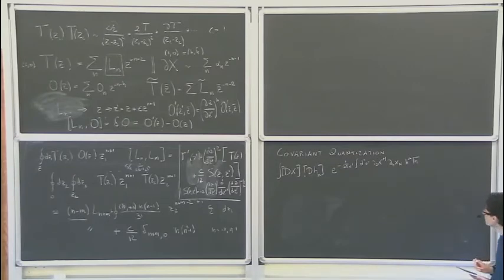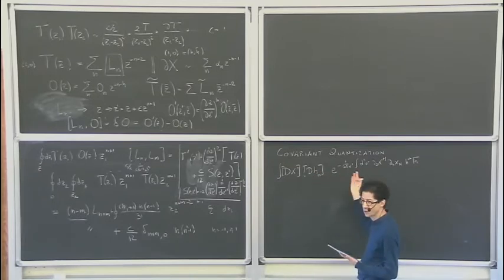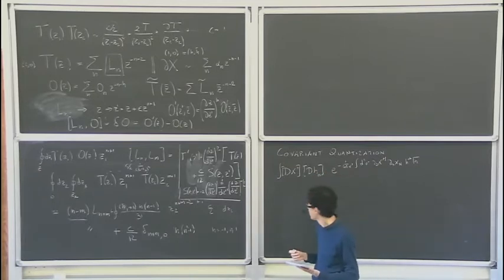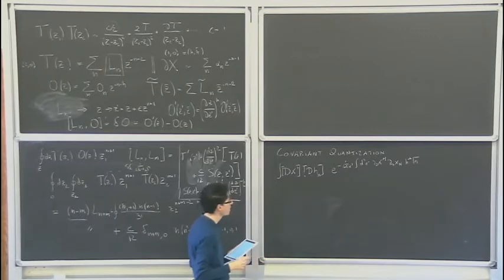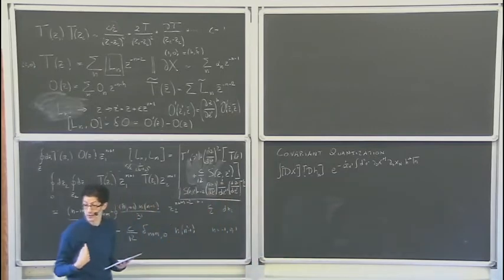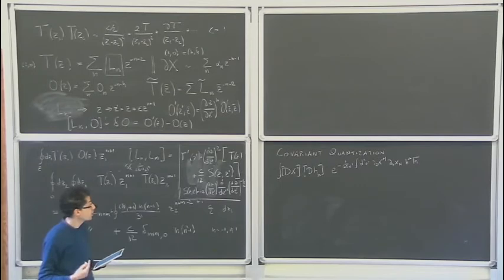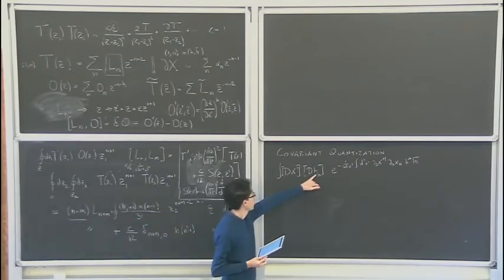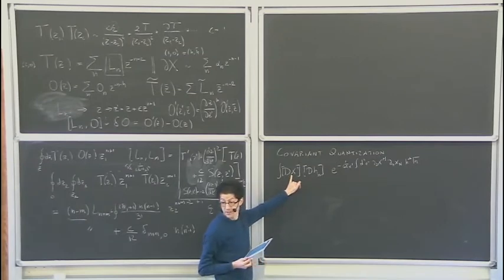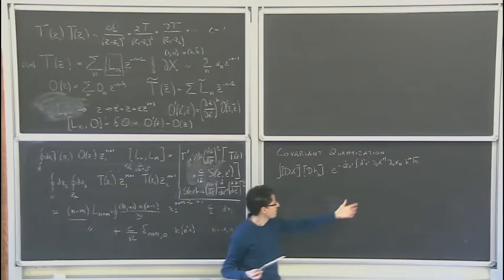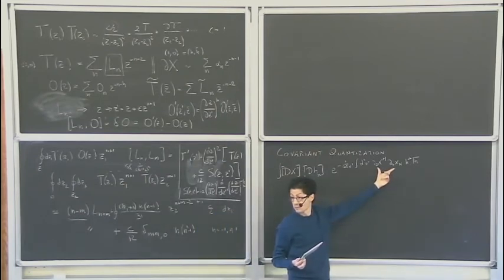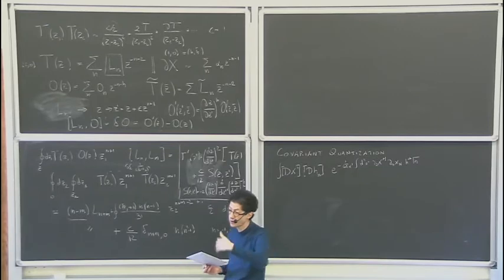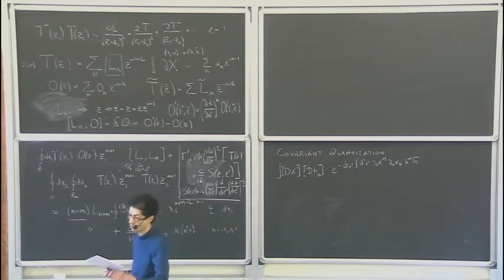Now, the problem that you have in giving a concrete meaning to things like that is related to the local invariances that we mentioned on Monday. The point is that you have different metrics, h, and different fields, X, that are different as functions, but they give exactly the same action. Right? The action is invariant under Weyl scaling, is invariant under diffeomorphism.